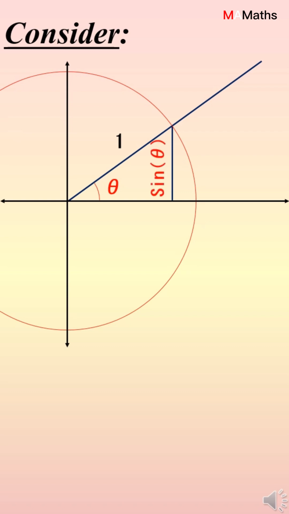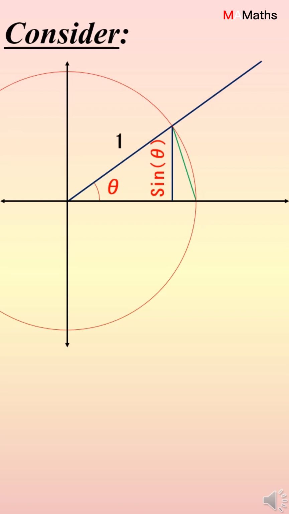If we drop down a green line from that same point on the circumference down to the positive x-axis, we get a second smaller triangle. Then beyond that, we have the sector of the circle that is made up by that slice with the angle theta.